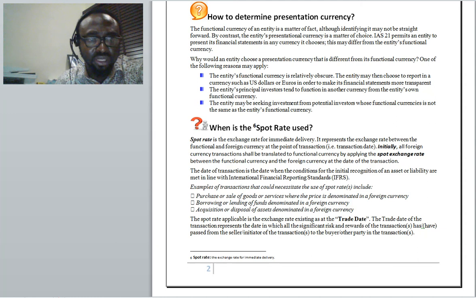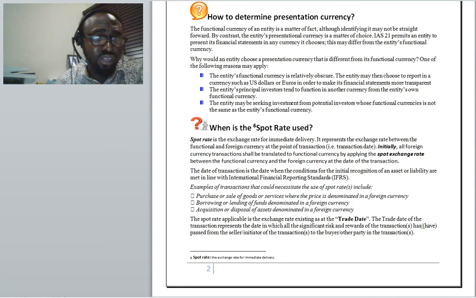Now, what it means is that a transaction might have been engaged and goods delivered as of the 15th of January, but the invoice was raised on the 20th of January. Which spot rate will be applicable?